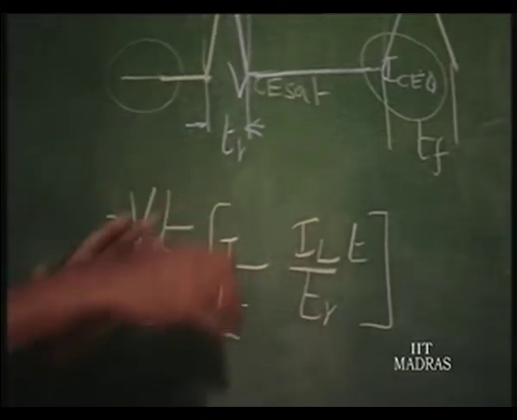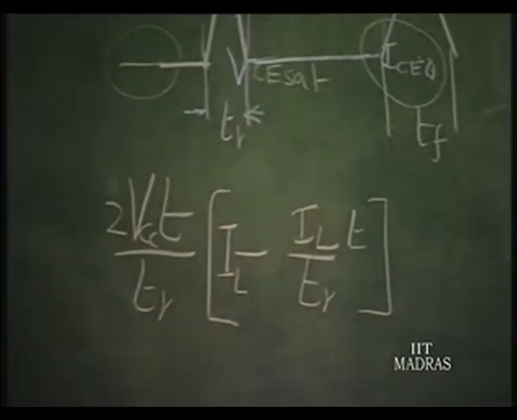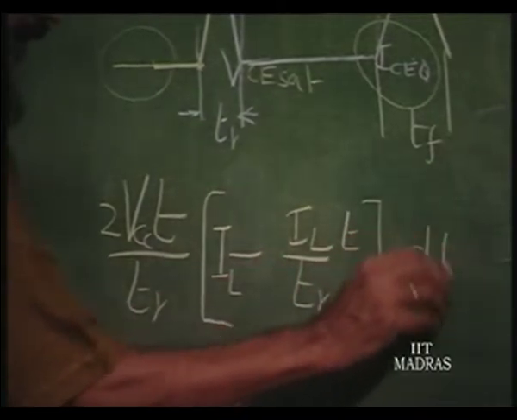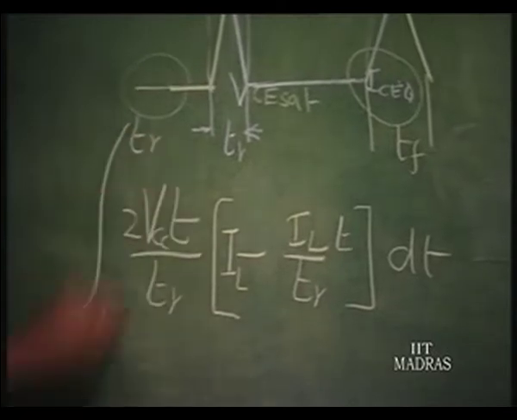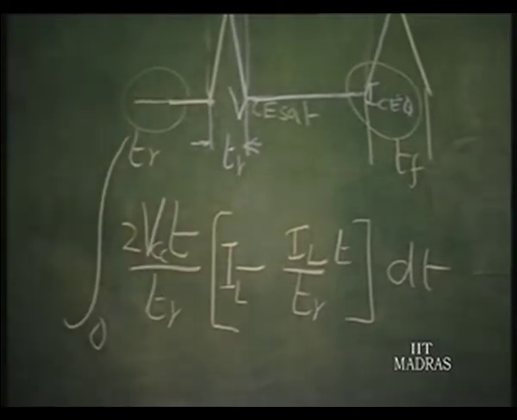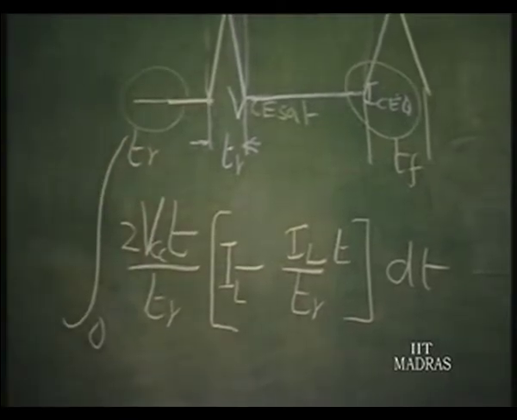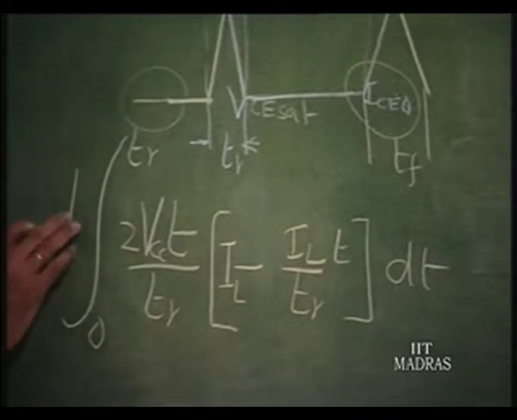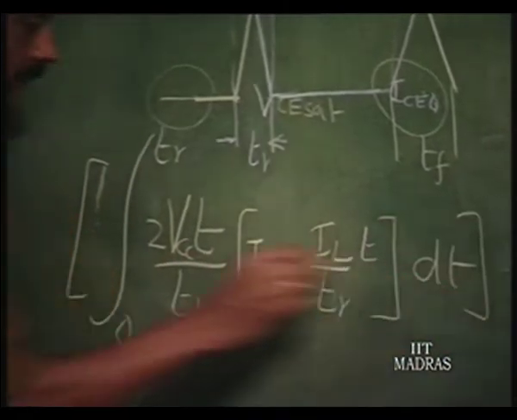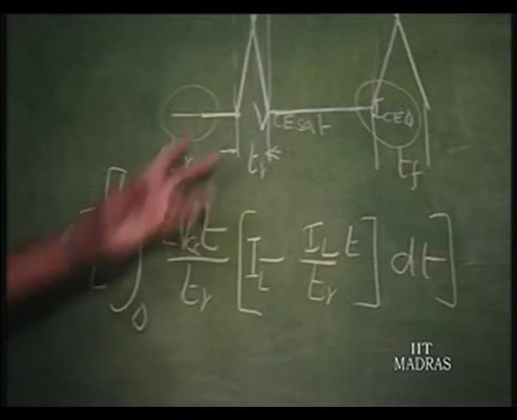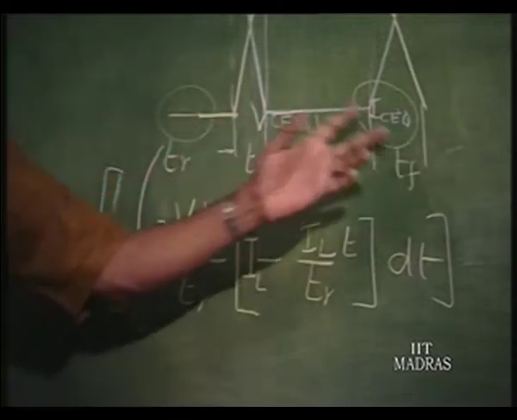So, this is the voltage waveform, this is the current waveform. Voltage into current is the instantaneous value of power, this into dt from 0 to Tr is the energy, and that is what is important, into something like 2, because it is happening twice over the time period.